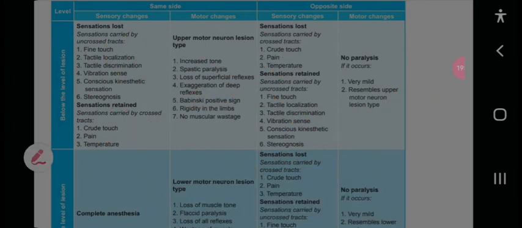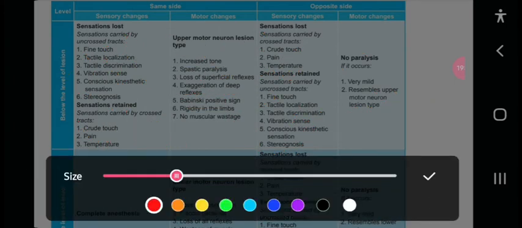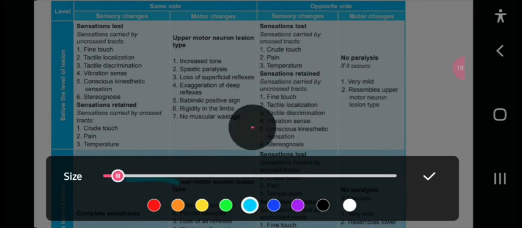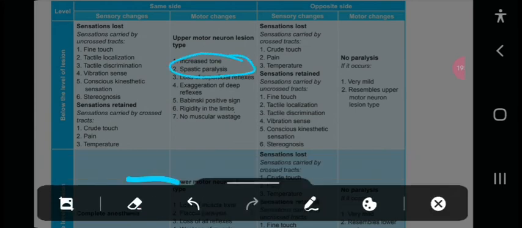Here you can see, spastic paralysis and Babinski sign positive in UMN lesion.